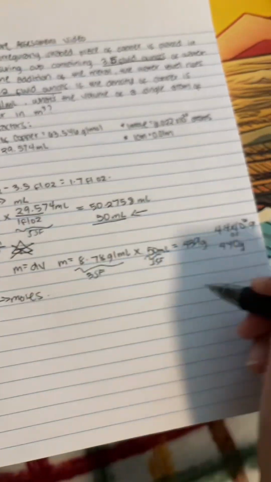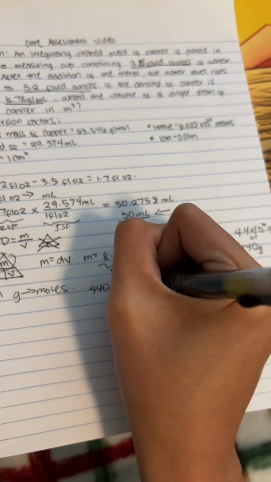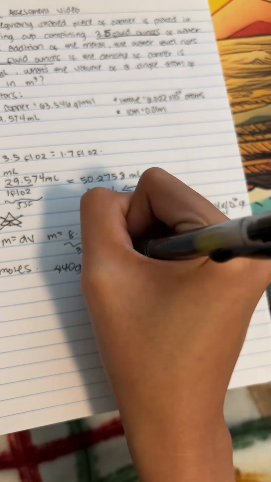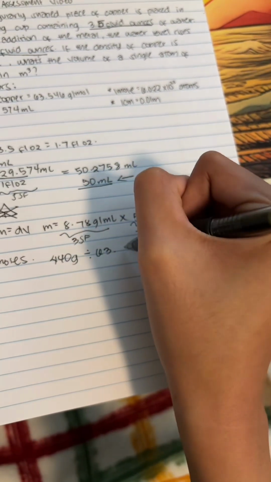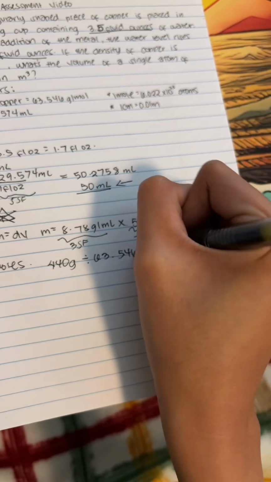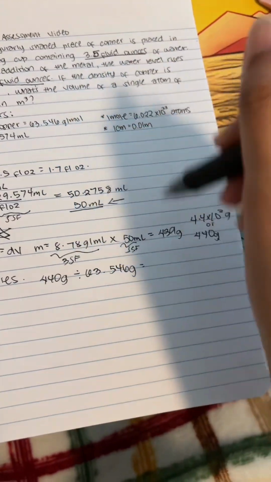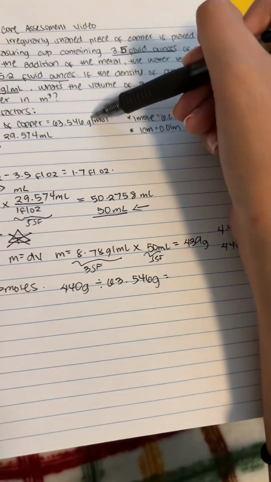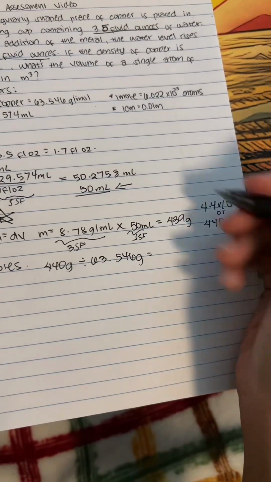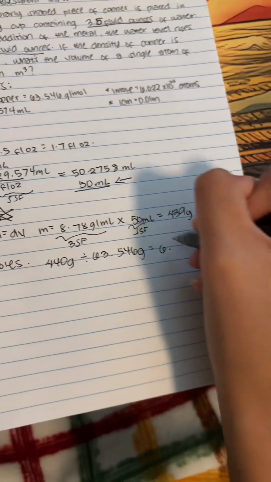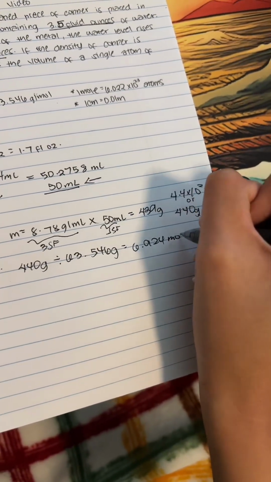So we have 440 grams divided by 63.546 grams, which is right here, the molar mass of copper. So here we get 6.924 moles.